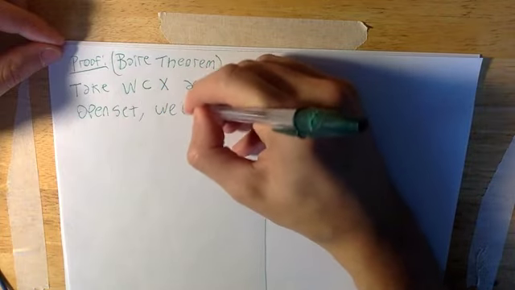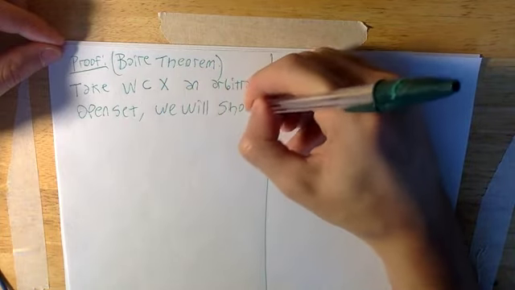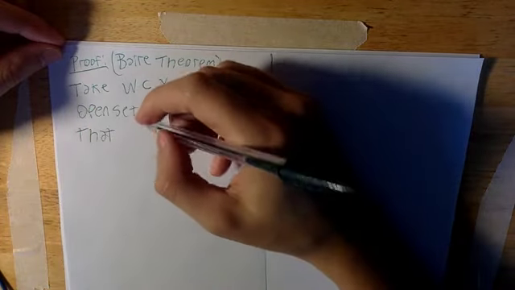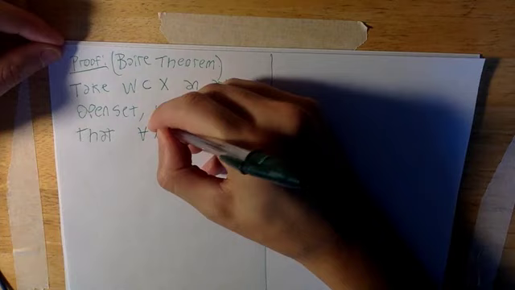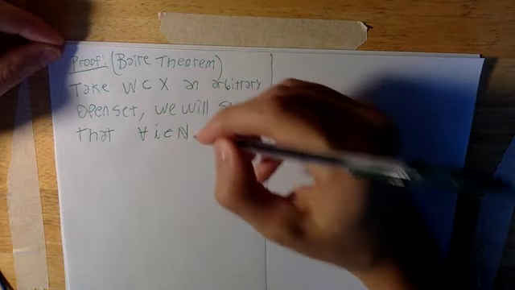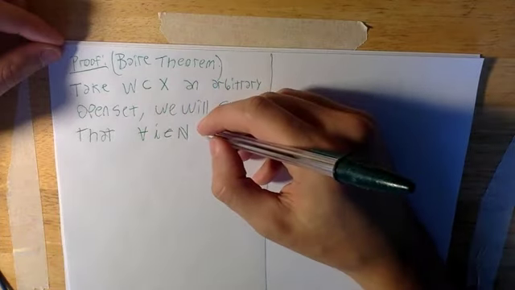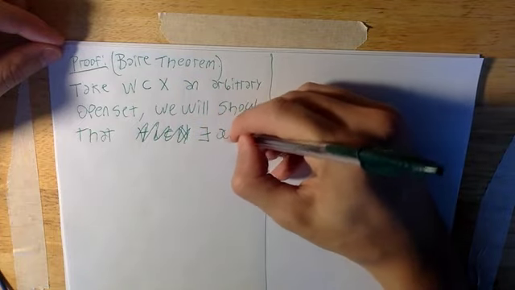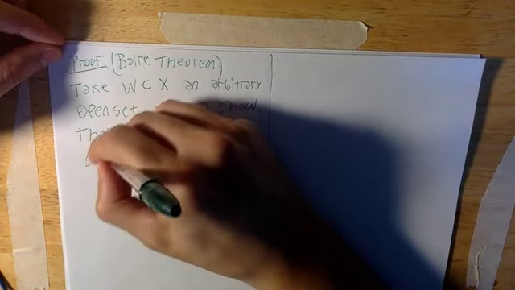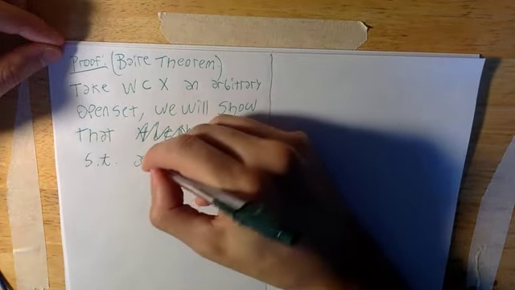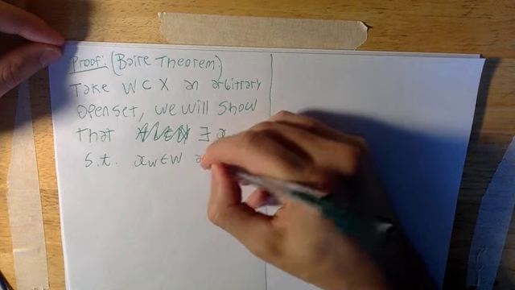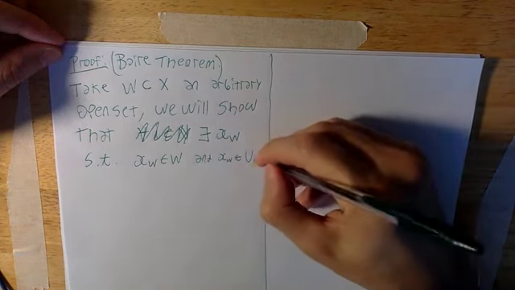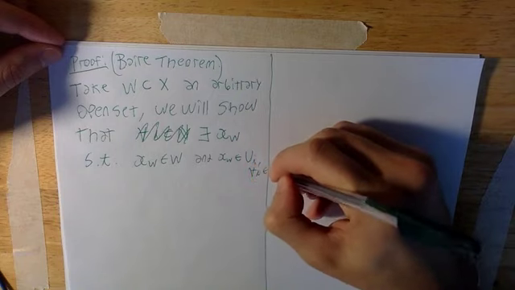We will show that there exists XW such that XW is in W and XW is in UI for every I in N.